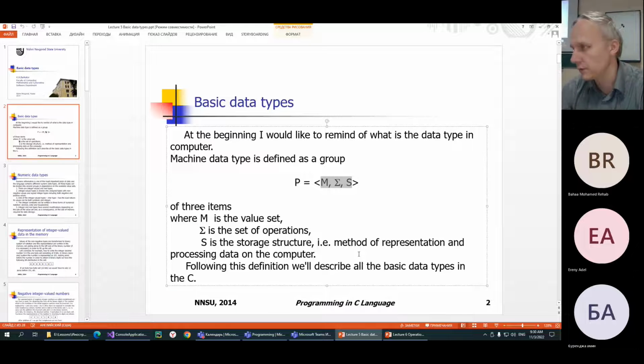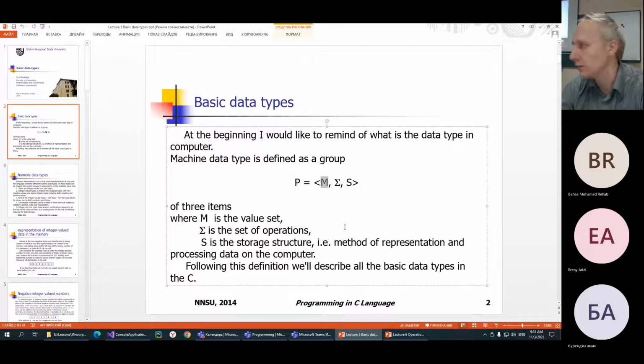The examples of data types are natural numbers, integer positive numbers, integer numbers, both positive and negative, and real numbers, positive and negative numbers with a fractional part. And for each data type, we can apply a set of operations.